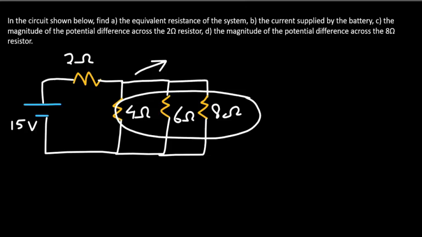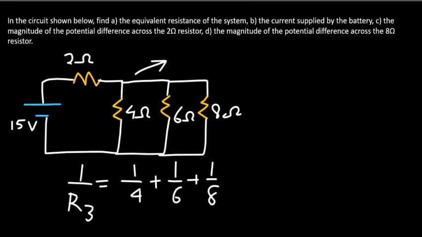The equivalent resistance of these 3 parallel resistors can be obtained in the following manner: 1 over 4 plus 1 over 6 plus 1 over 8, and invert that. So that sum is equivalent to the inverse of the equivalent resistance of those 3 parallel resistors.